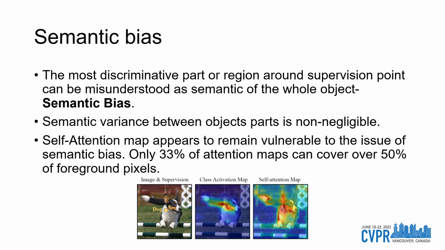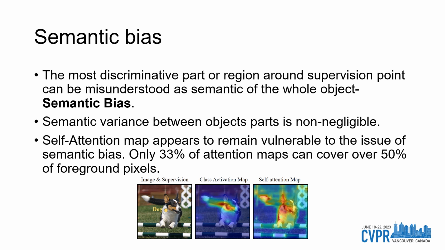Despite its promising prospects, point-supervised instance segmentation still faces the challenge of semantic bias within weak supervision. The most discriminative part or region around the supervision point can be misunderstood as the semantics of the whole object. We call this phenomenon semantic bias. One challenge in point-supervised learning lies in the significant semantic variance between different parts of an object.